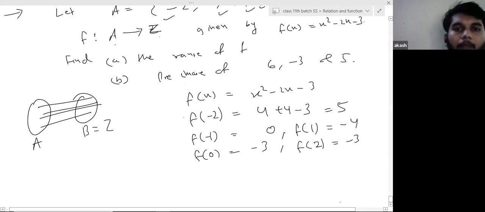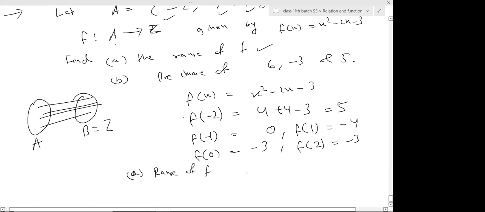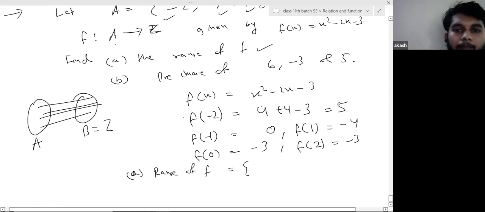So the first part says range of f. So Arnav, what will be the range of f? See, all the elements are getting an output, right? If you have to write the ordered pairs, you will write (-2, 5), (-1, 0), (0, -3), (1, -4), and (2, -3), right?